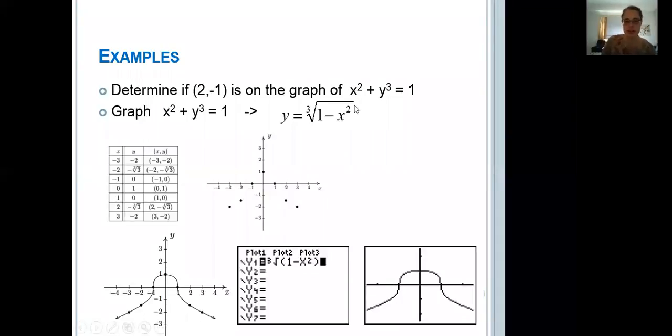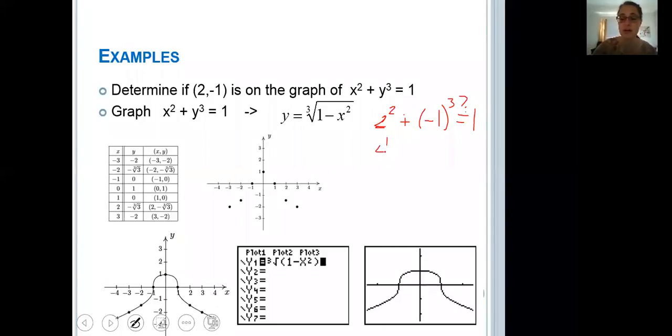If I plug in x equals 2 to this equation, I'm saying, all right, well, 2 squared plus -1 to the third power, and then I'm asking, does that equal 1? Because my equation says it does. And if this point is on the graph of that equation, then it will.